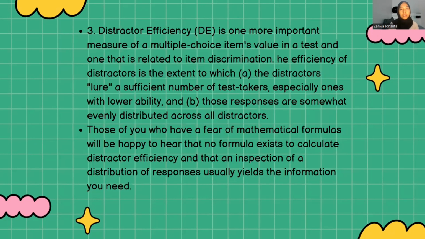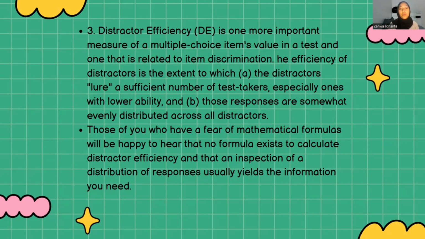And then the third, the distractor efficiency, or DE, is one more important measure of a multiple choice item's value in a test and one that is related to item discrimination. Distractor efficiency is the extent to which the distractors lure a sufficient number of test takers, especially ones with lower ability, and those responses are somewhat evenly distributed across all the distractors.